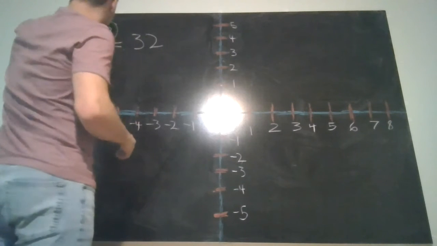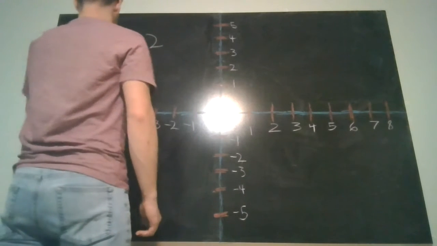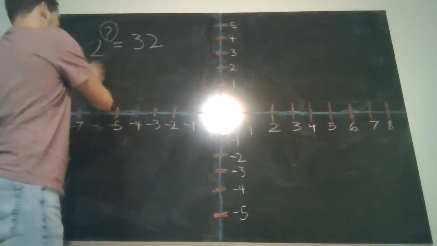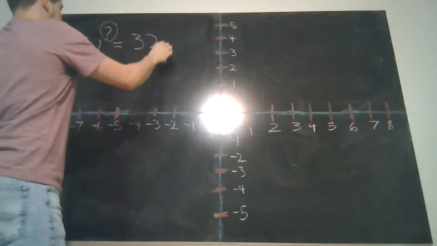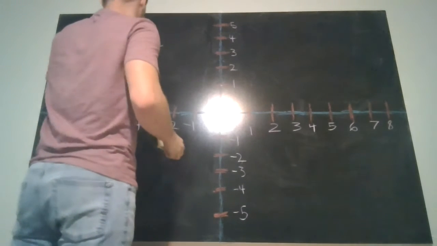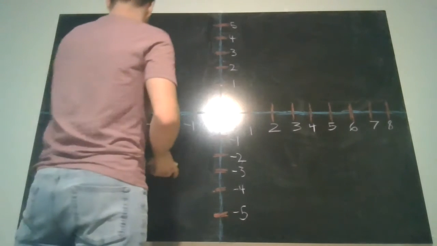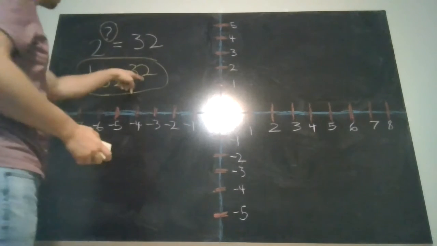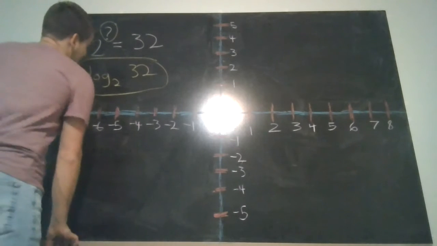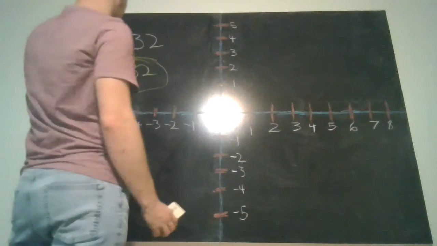So this question, we could solve that to get question mark is equal to 5, but we could also rewrite this entire question as log base 2 of 32, because the logarithm takes a base and a number to take in for the function and says, what do I need to raise 2 to in order to get 32?